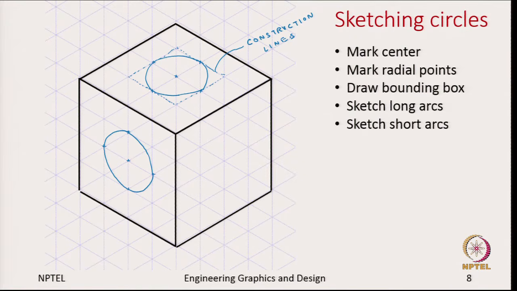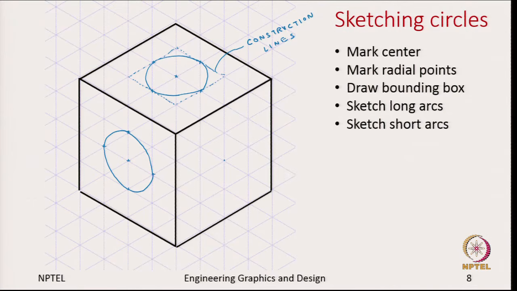So, you should be using light lines for these construction lines, because those are not the actual outlines of what you want to draw. You are drawing them only to help you draw the actual drawing. So, you should make sure these construction lines are drawn light, and then when you are drawing your actual outline, that is when you draw it in a darker line.